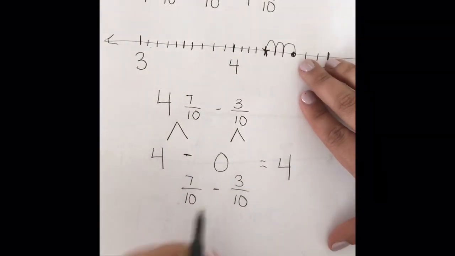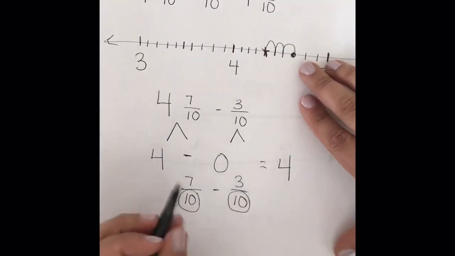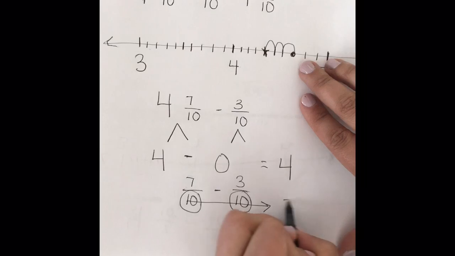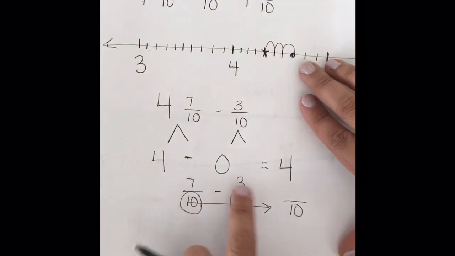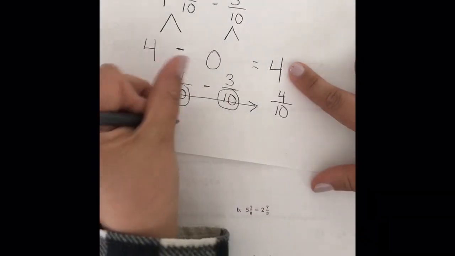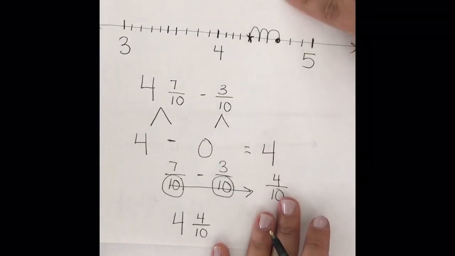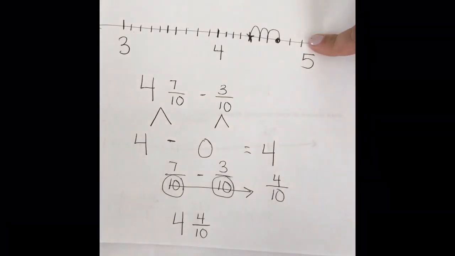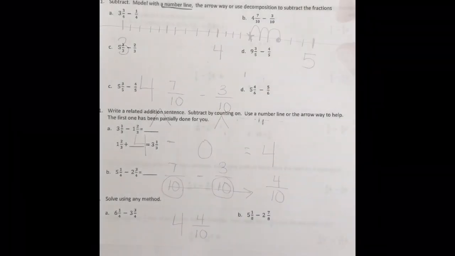I'm going to subtract, well, first I need to look at my denominators. I know that 10 and 10 are the same, so my denominator is going to stay the same. And then I can subtract. 7 minus 3 is 4, and this gives me a total of 4 and 4/10. So you have here the number line model, which I really like, or you also have this standard algorithm, okay?